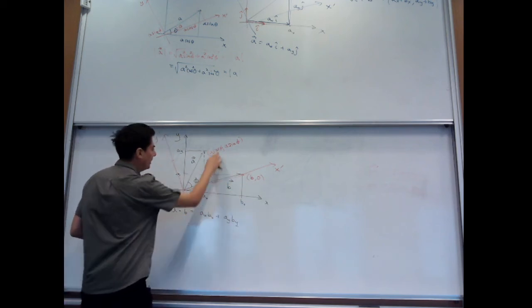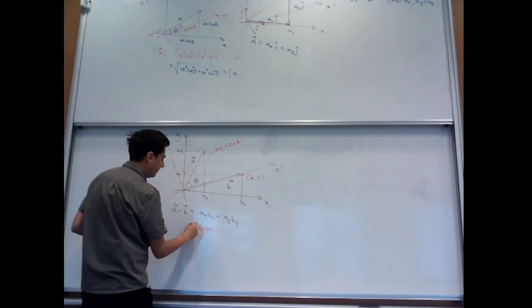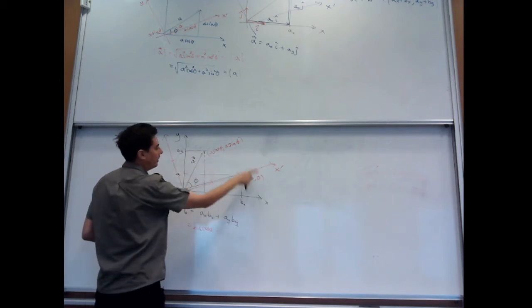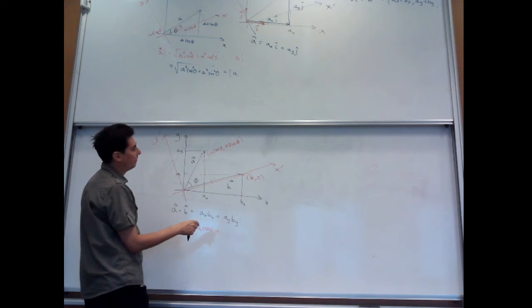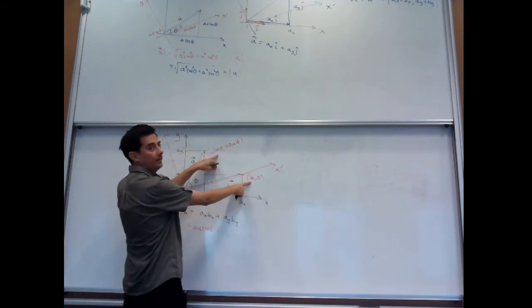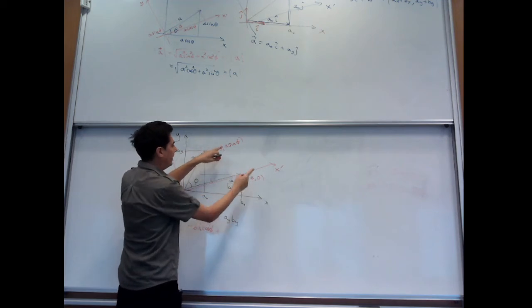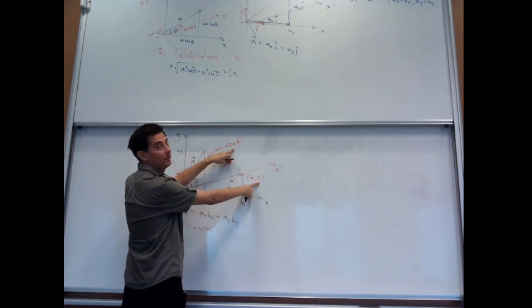So it's this one, A cosine phi times B. And then the y ones, what happens to the y ones? The rule is that you multiply the x's together, and then you add that to the product of the y's together.